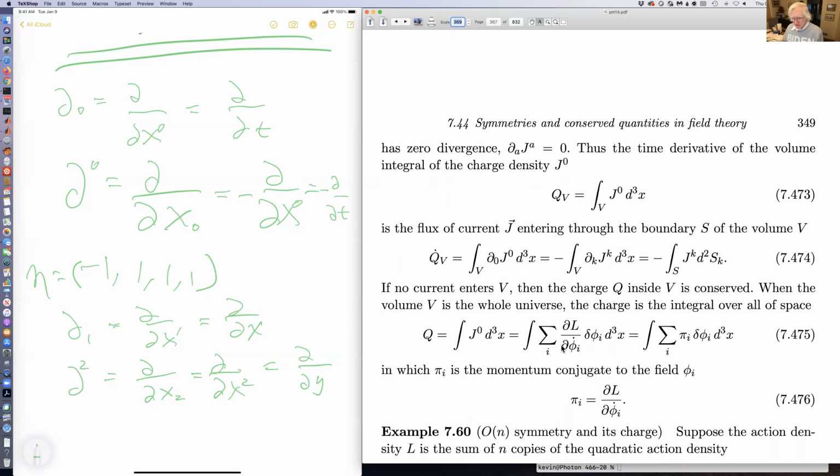There might just be one field. The reason I'm considering several fields is that symmetries in field theory crop up more frequently if you have theories involving several fields. In electrodynamics, you have 4 fields, and in the standard model, you have many fields.